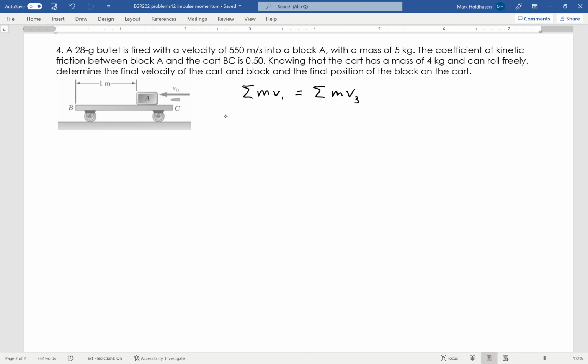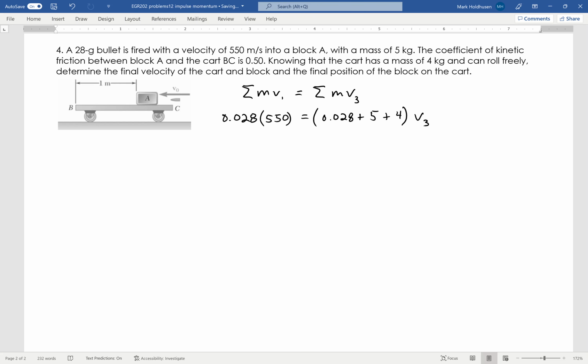So what I have is 0.028, the mass of the bullet, times 550 for the velocity. And that equals all of those masses added together: 0.028 plus the 5 kilogram block plus the 4 kilogram cart, times the total velocity at that point.